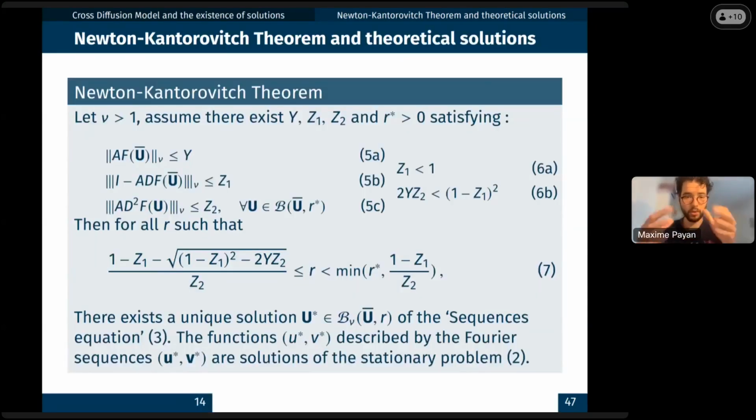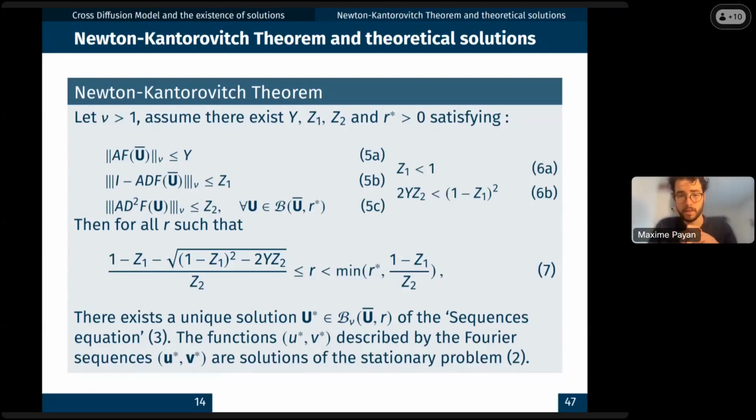Okay, so the big tool we use, maybe you are already familiar with it. Let nu be strictly bigger than 1, so we just take the planar space we want.